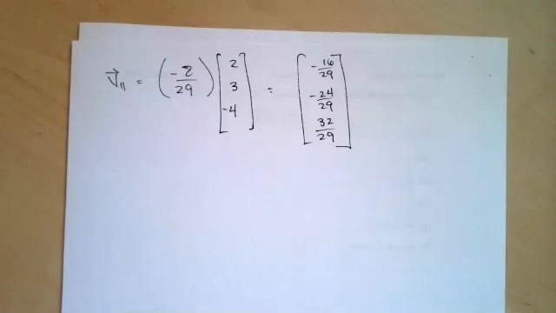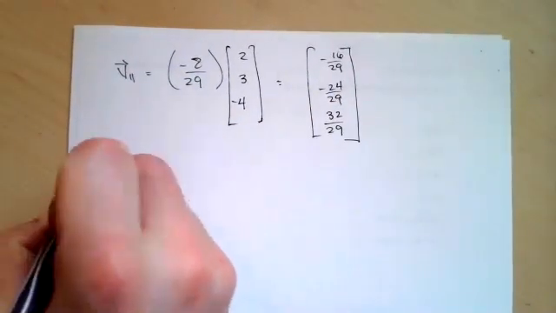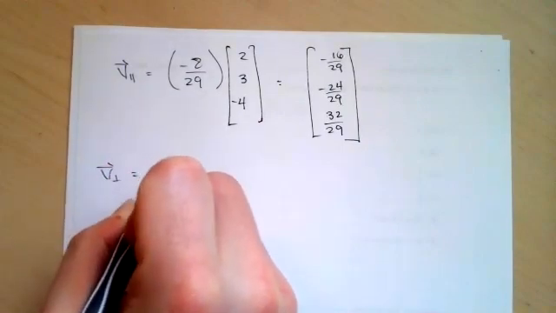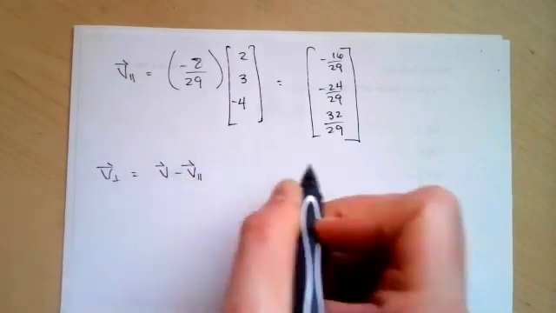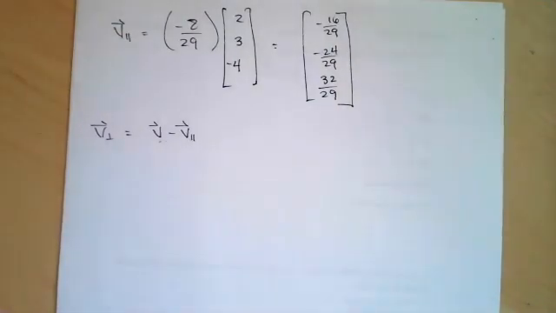And then our v was 1, minus 2, 1. So our perpendicular is just going to be v minus the parallel component. So we just take the original vector, subtract off the parallel component to get the orthogonal component.